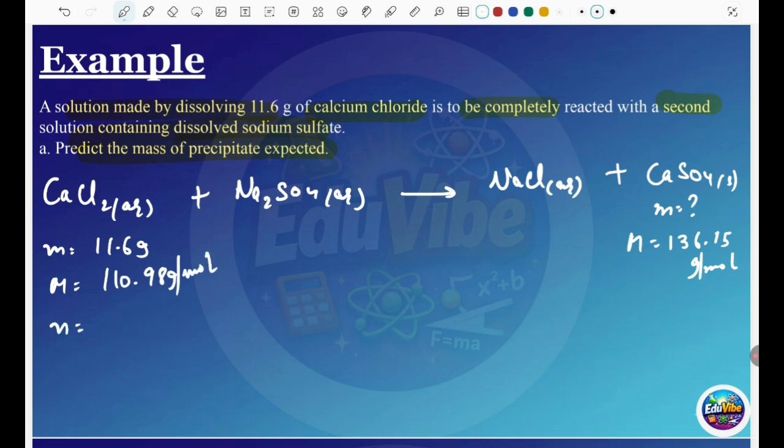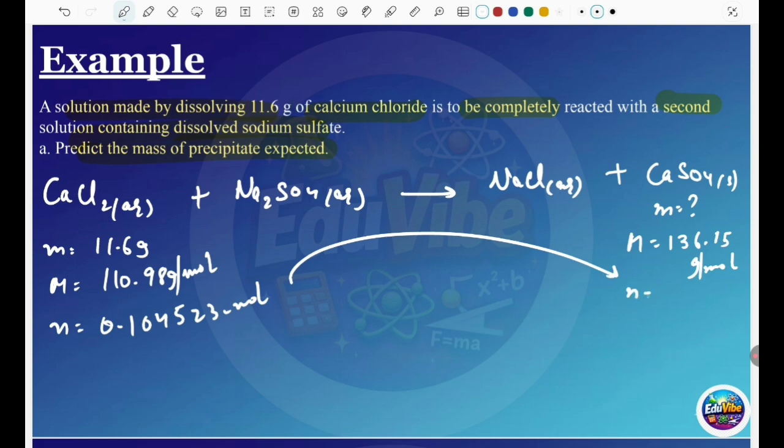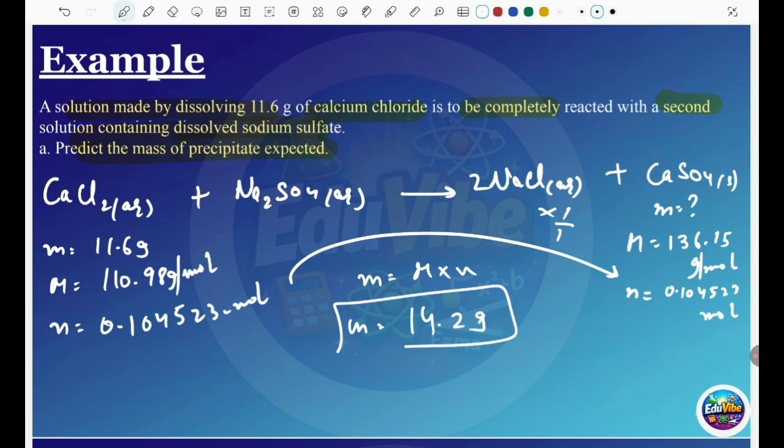Mass over molar mass gives 0.104523 moles. The equation is balanced, with a one to one ratio, so you get 0.104523 moles of CaSO4. The mass of CaSO4, molar mass multiplied by the number of moles, is 14.2 grams.